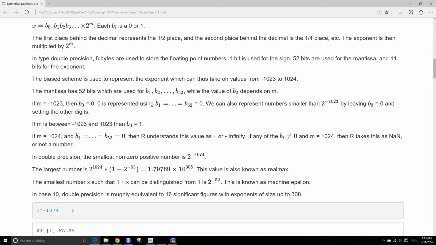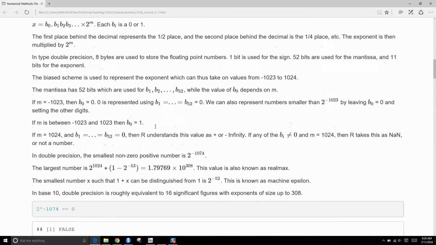And then if you have the exponent equal to 1024, and then everything is zeroed out, then R understands that as positive infinity or negative infinity. Okay? And then if you have a 1024 here and then something here, between one of the bits is not equal to 0, then that's going to be not a number.